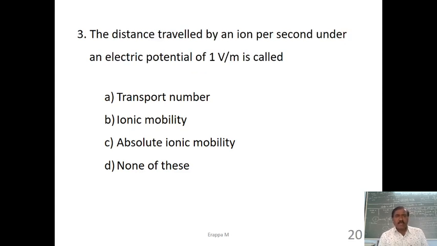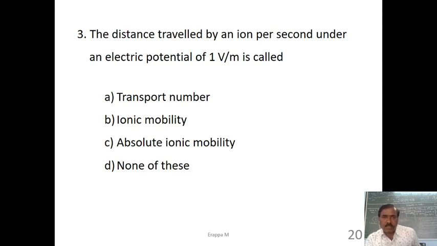Next, question number 3: the distance traveled by an ion per second under an electric potential of 1 volt per meter is called. This is the definition. A is transport number, B is ionic mobility, C is absolute ionic mobility, and D is none of these.